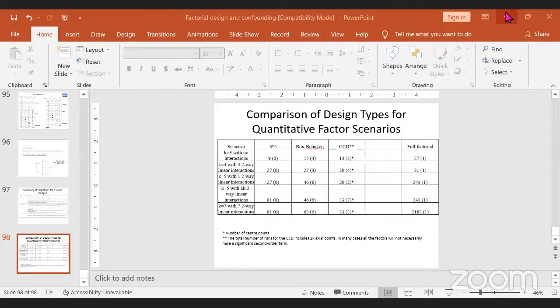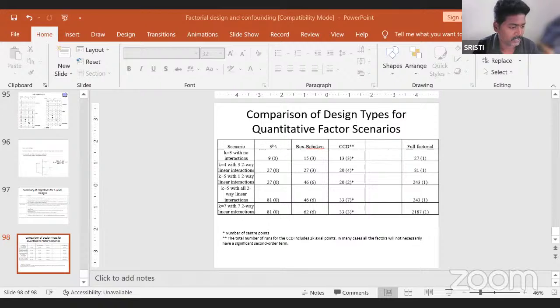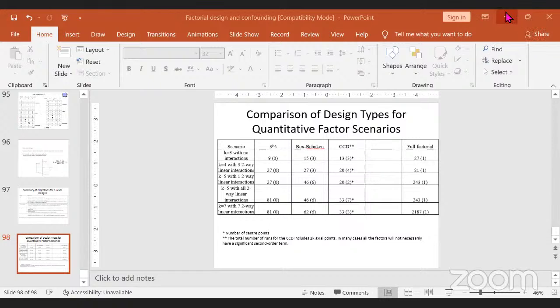One more question has come: is the Taguchi table used only for biochemistry purposes? No. I have seen examples of Taguchi in mechanical engineering and many other areas. There is nothing like only one area. You have many designs.